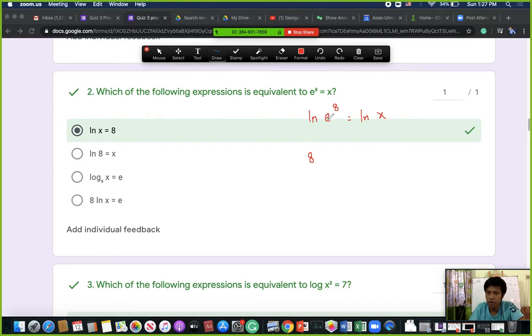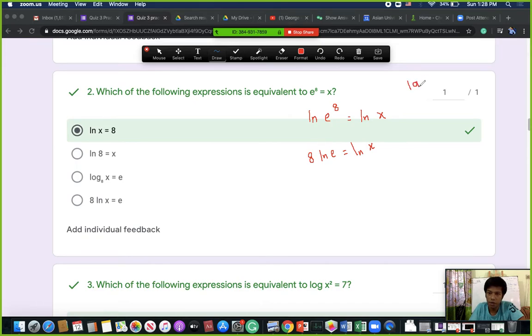As you know, ln e equals 1. Let me write it here for you: ln e, and this side is ln x. Why does ln e mean 1?